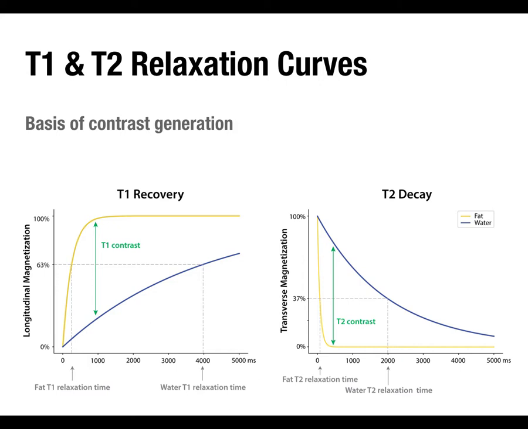The one thing I didn't explicitly say yet that I meant to was that, remember, the receiver coil is in that transverse plane. So when we get that phase synchronization of all of the precessions together, then you've got one thing that's precessing around at our Larmor frequency, and all of those protons are hitting that receiver coil at the same time, so it's going to be a big signal.